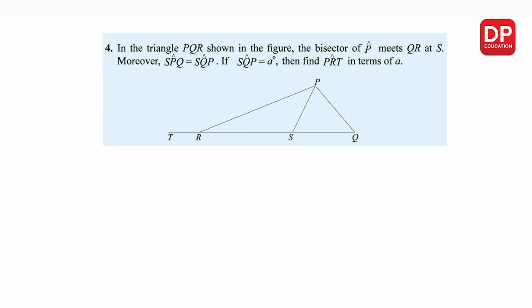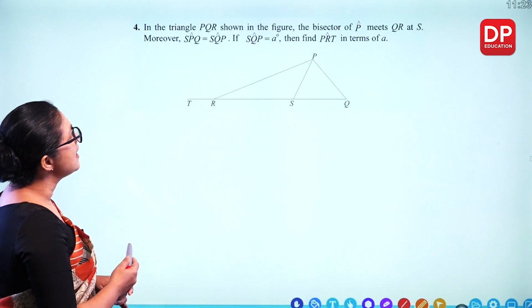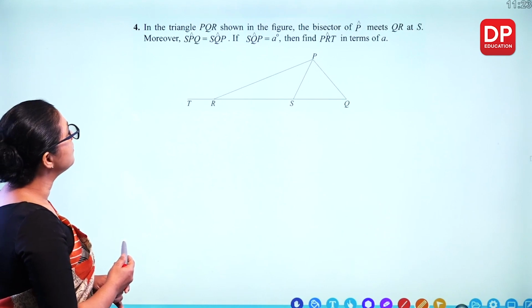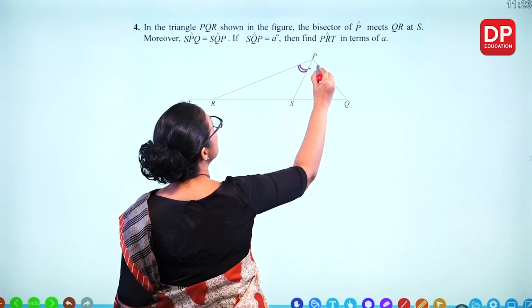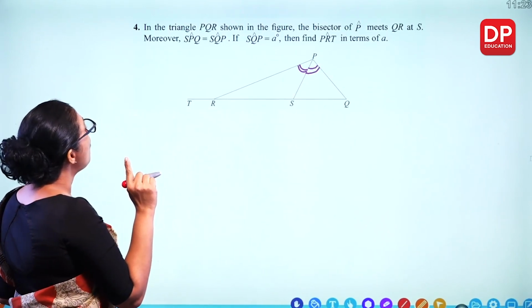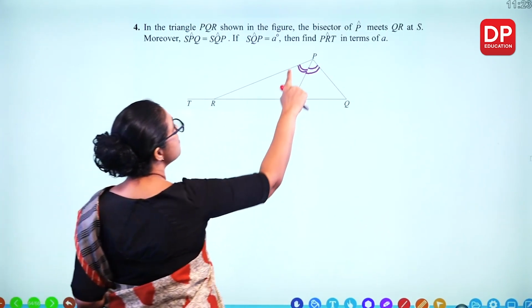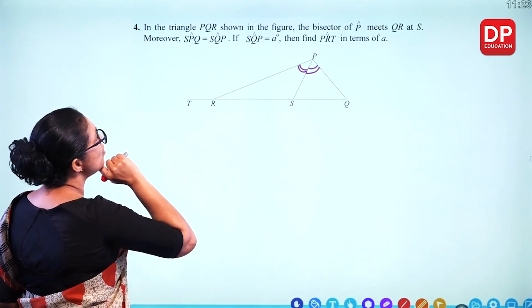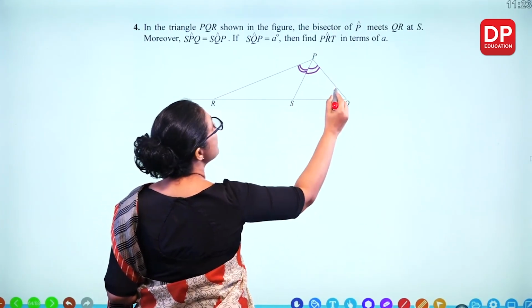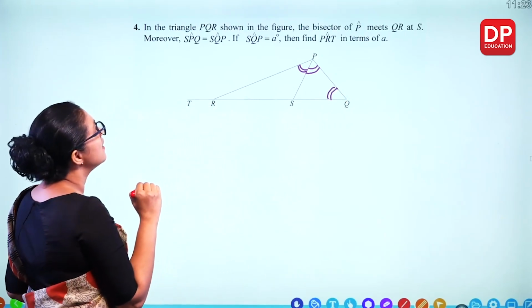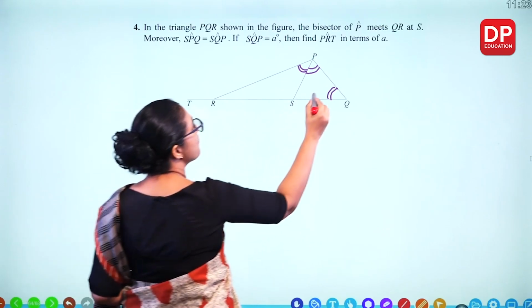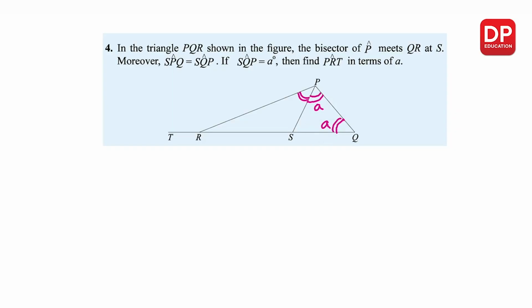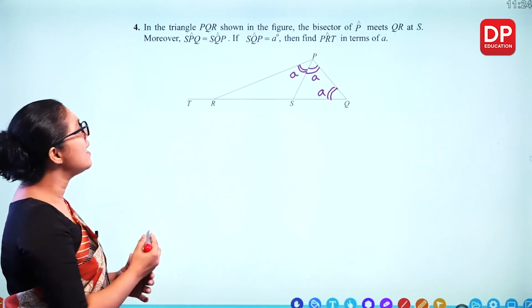Question number 4. In the triangle PQR shown in the figure, the bisector of P meets QR, this line, at S. So that means these two angles are equal. That's the bisector. Moreover, SPQ is equal to SQP. This is also equal. If SQP is equal to A, now this is A, this is also A, this is also A. All angles are equal.